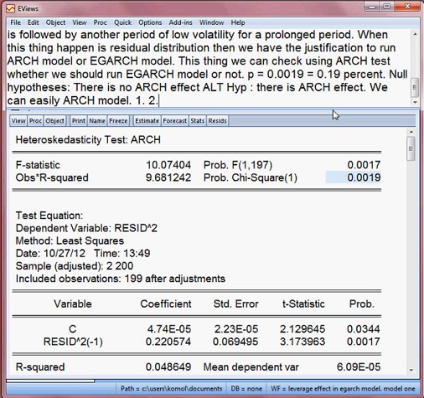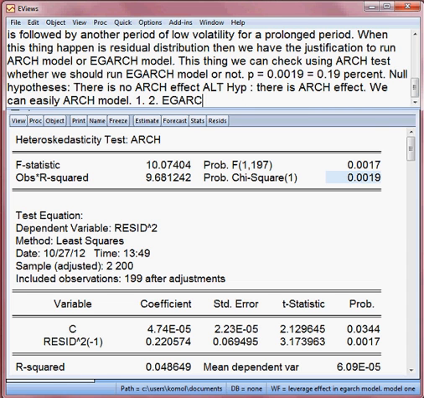The second condition is, if there is an arch effect in the residual, then we should run the arch model. And here we have seen that we have an arch effect, so we should run the arch model.